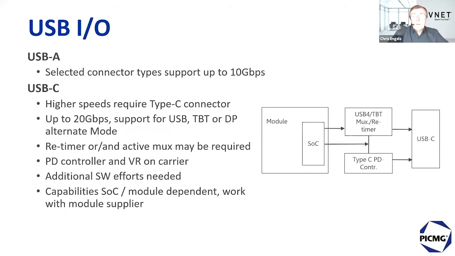There's also some software work involved, and it really depends also on the supported devices on the selected COM-HPC module. So also here, you need to work with your supplier of the module to find the right architecture and find the right technical solutions.